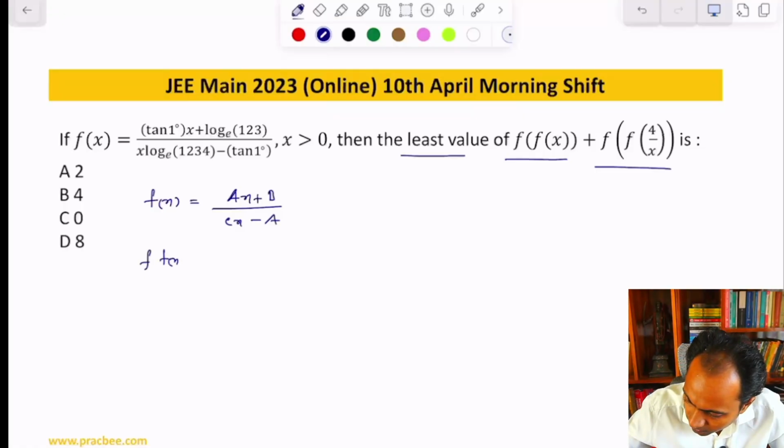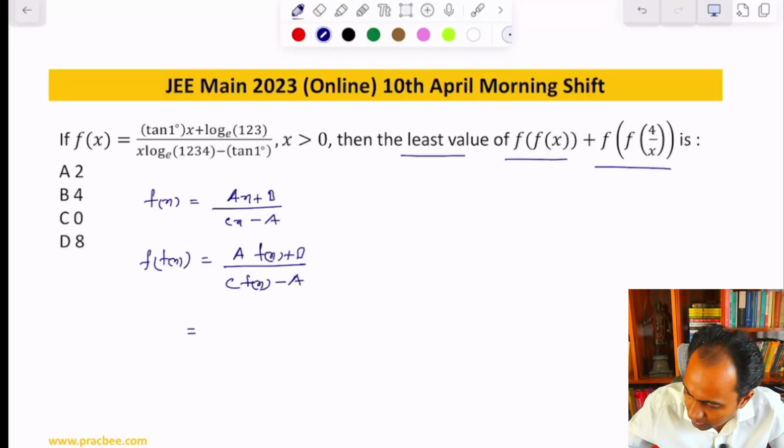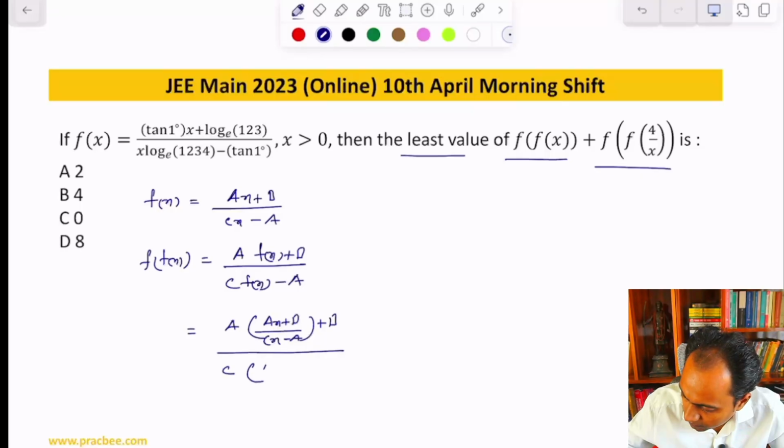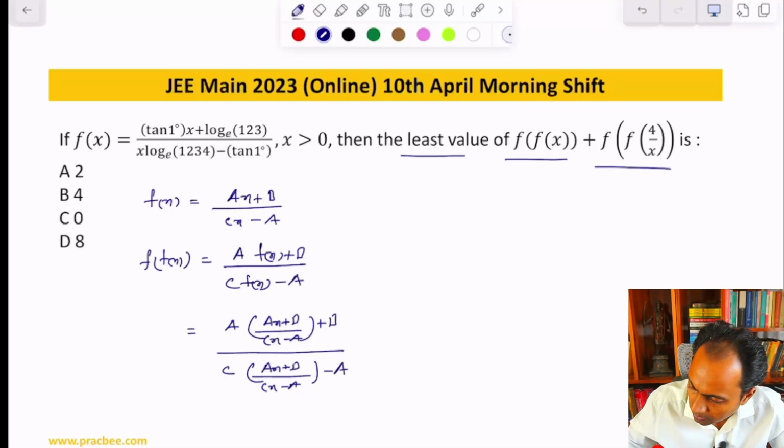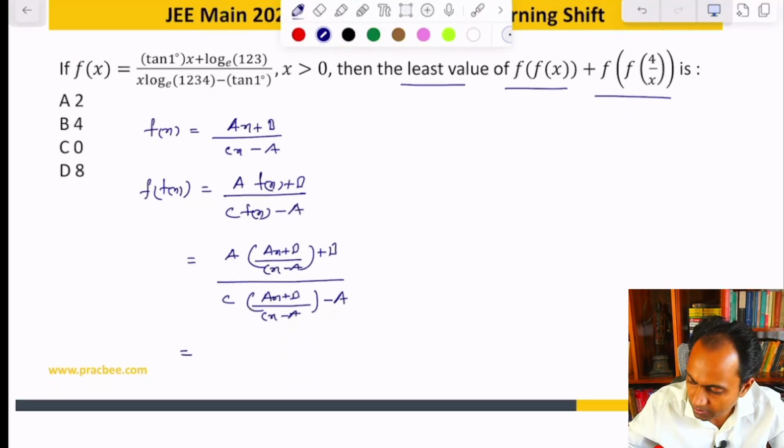If you find f of fx, this would be equal to a of fx plus b by c into f of x minus a. If I again substitute the value, this will become ax plus b by cx minus a plus b divided by c of ax plus b by cx minus a minus a. If I simplify this, let us see what we get.